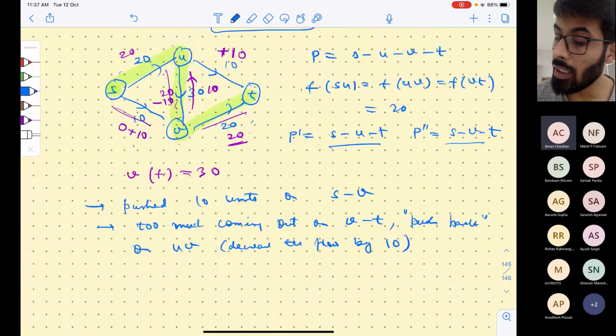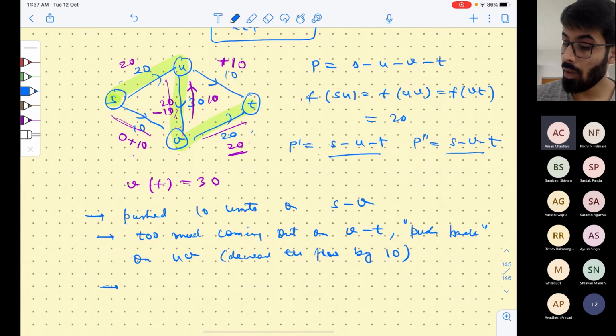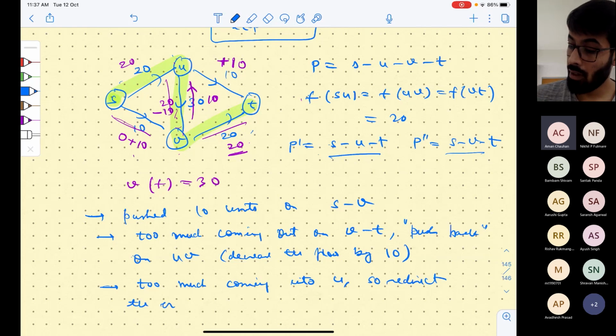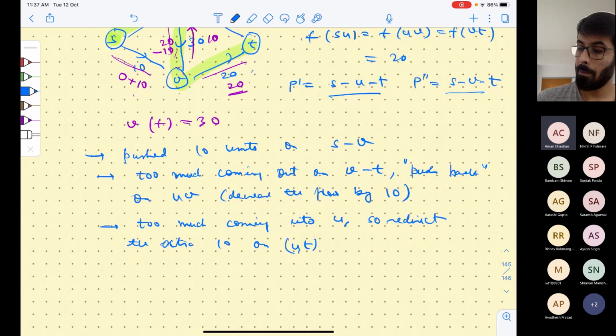Then again, now what happens is that too much is coming into U. So redirect the extra 10 on UT. And then the total becomes 30.